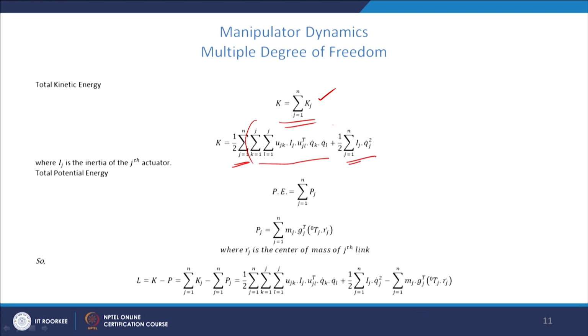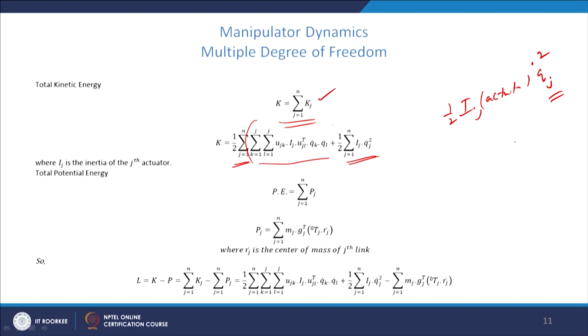And this expression is nothing but half into the inertia of the jth actuator multiplied by qj dot square, the velocity square.